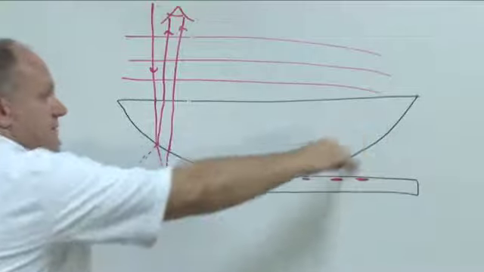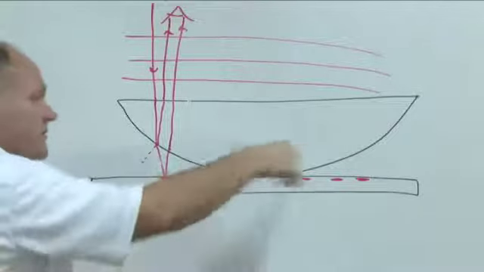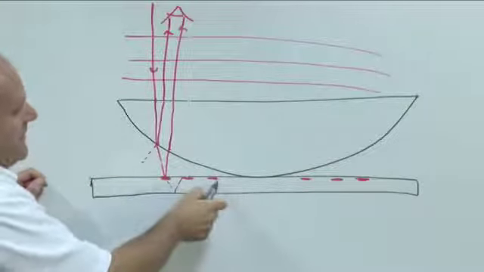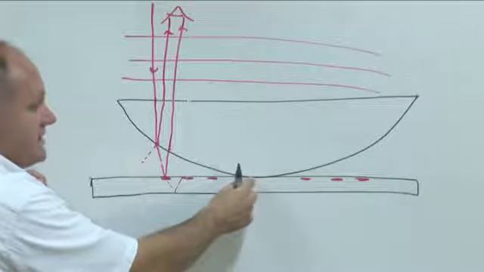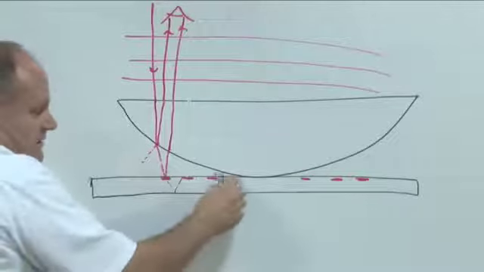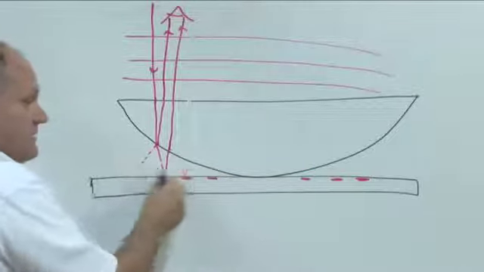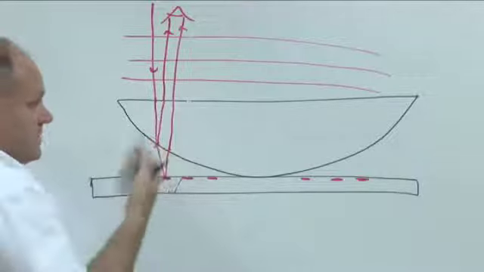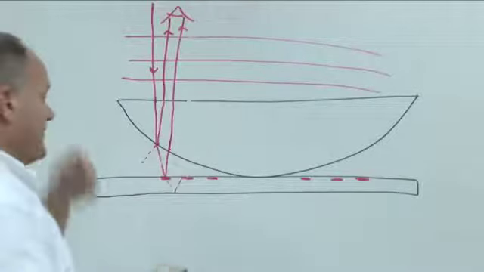Because this is a spherical surface, you actually see rings, dark rings or light rings, depending on how you want to look at it. And they are concentric, with the center being this point here. The other thing you'll notice is that the rings get closer and closer together as you move further away, and you can think about why that is. It's pretty obvious, but you can think about it anyway.